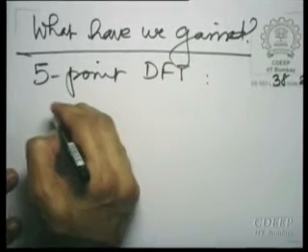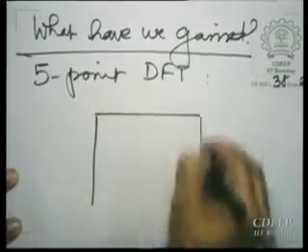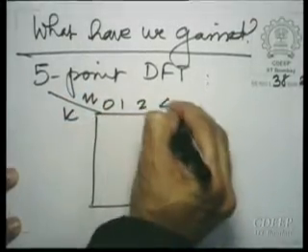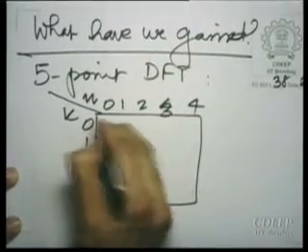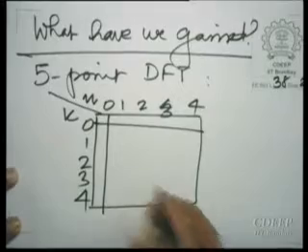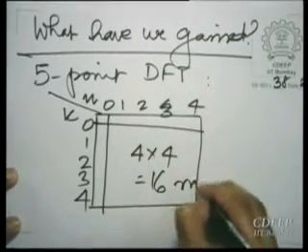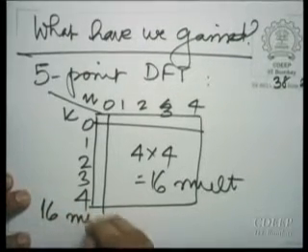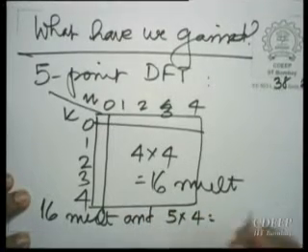So 5-point DFT would require essentially, if you take the multiplies, you have n equal to 0, 1, 2, 3, 4 and k equal to 0, 1, 2, 3, 4. So there are no multiplies for 0, but all the others have multiplies. So there are 4 cross 4, which is 16 multiplies. So 5-point DFT requires 16 multiplies and 5 into 4, that's 20 adds.